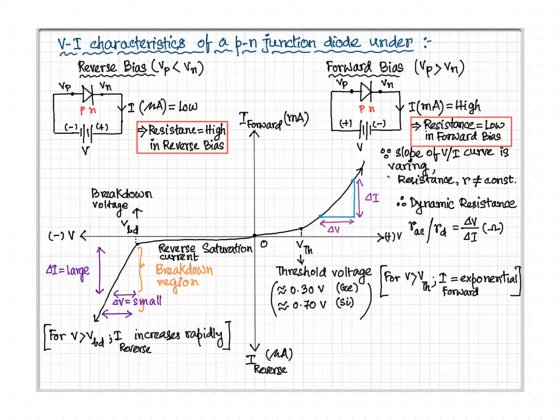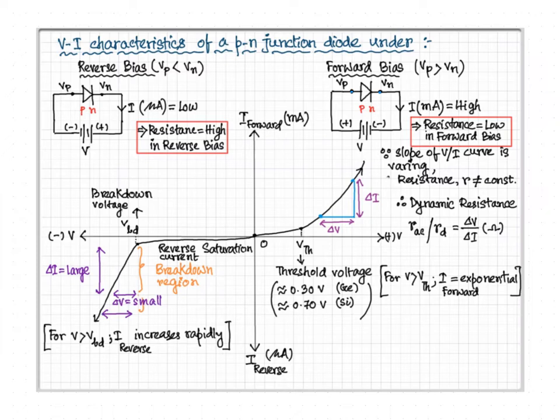Today we will discuss the VI characteristics of a PN junction diode under forward bias and reverse bias. First of all, let us see the definition of a forward bias. A forward bias is such that the potential of the junction P, denoted by Vp, should be greater than the potential of the junction N, denoted by Vn.